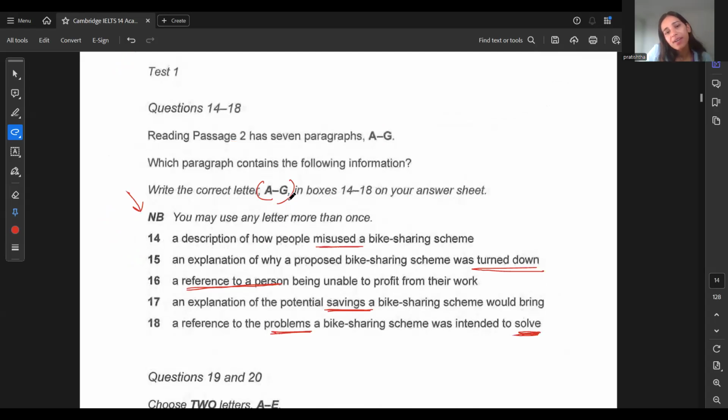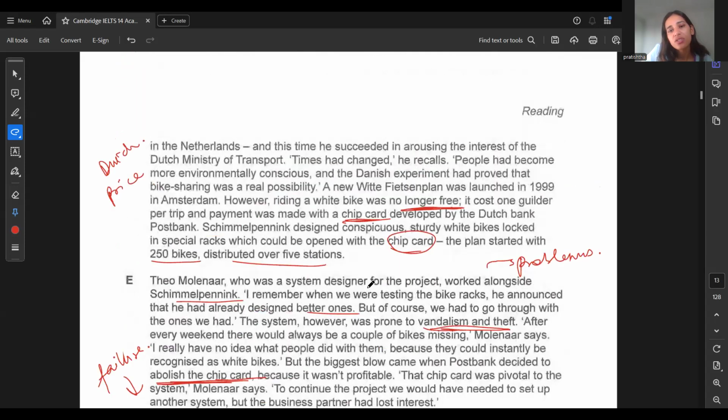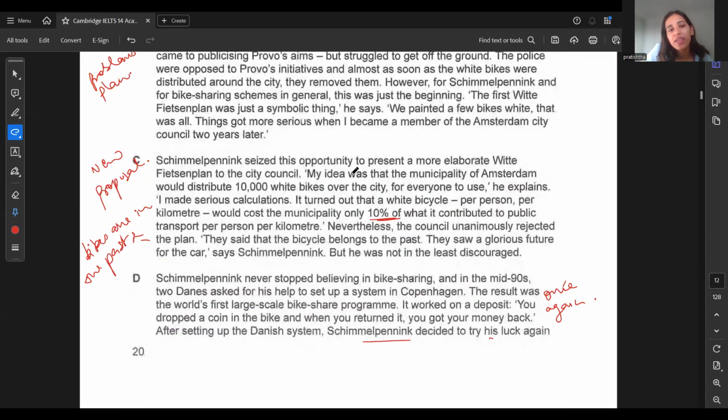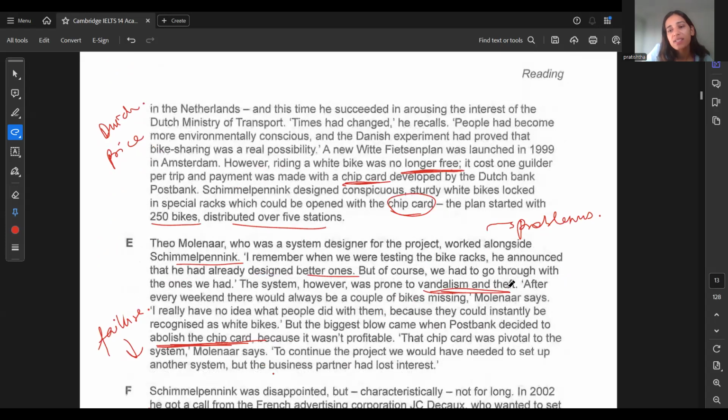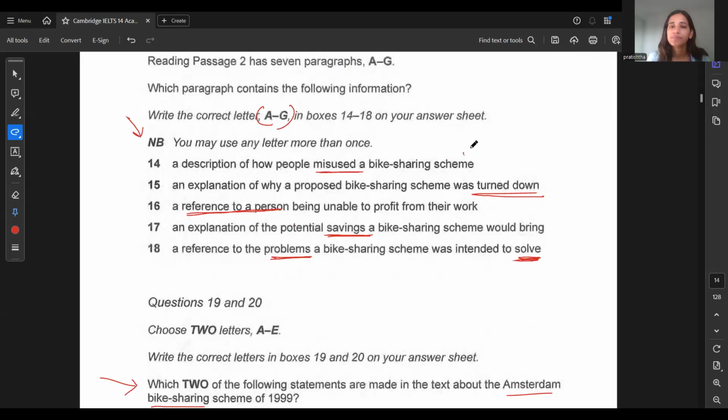So from letter A to G, which was talking about a description of how people misused bike sharing schemes. If we go back and have everything in mind, we would remember vandalism and theft. This was misusing. So it's E. So I will just go down and write E. Why a bike sharing scheme was turned down.